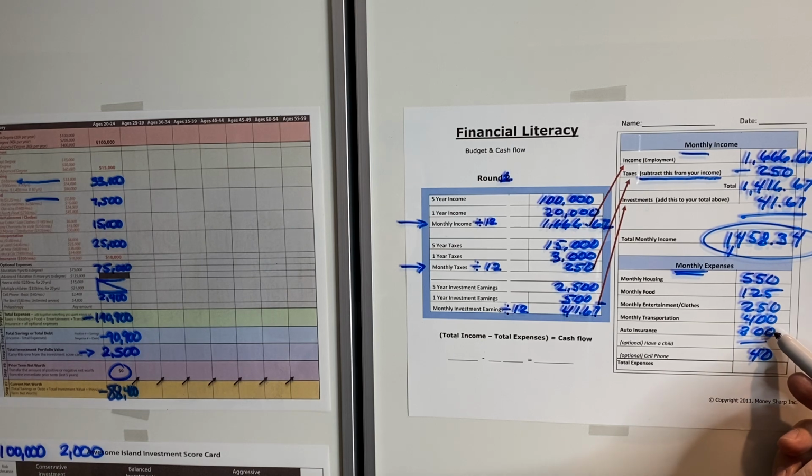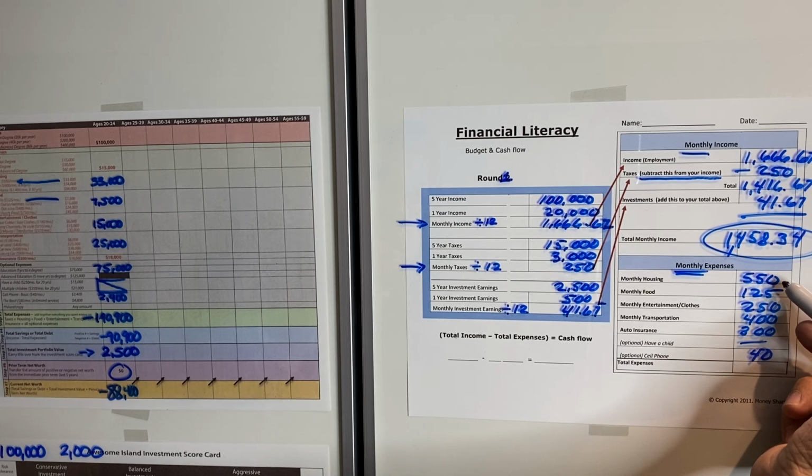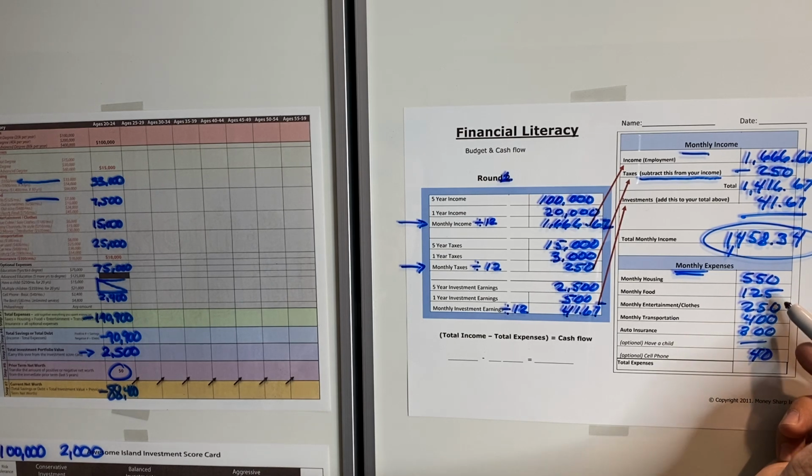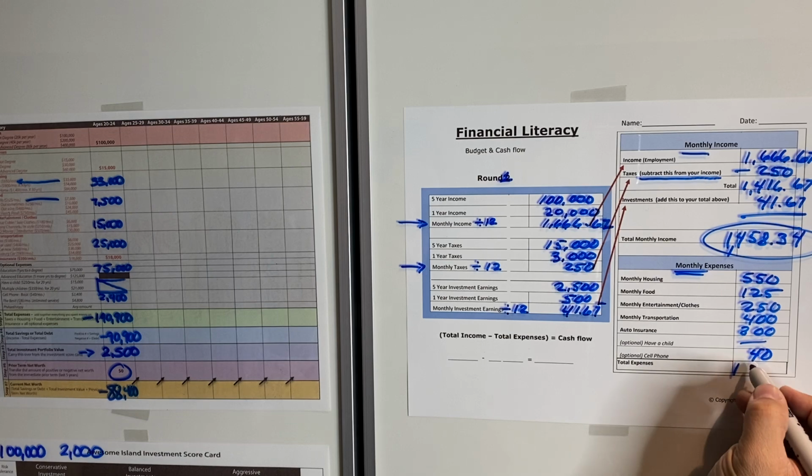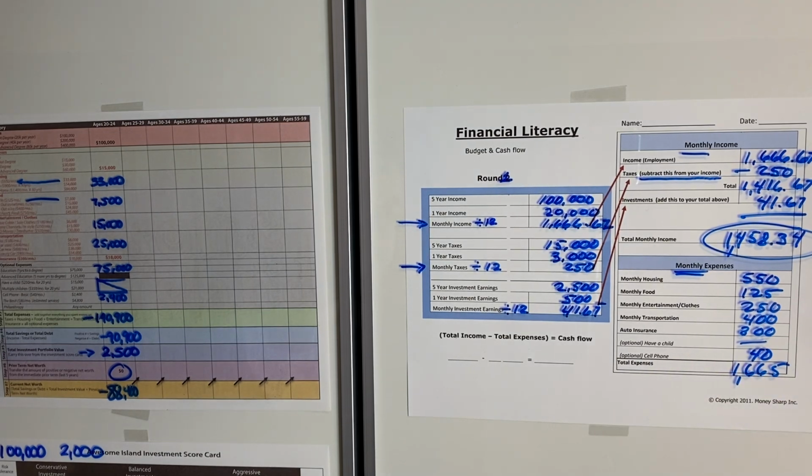So now we're going to add these up. 4 and 3 is 7, plus 250 takes us to 950, plus 550 takes us to 1,500, plus 125 takes us to 1,625, plus 40 takes us to 1,665. That's a lot of dough that we're spending.